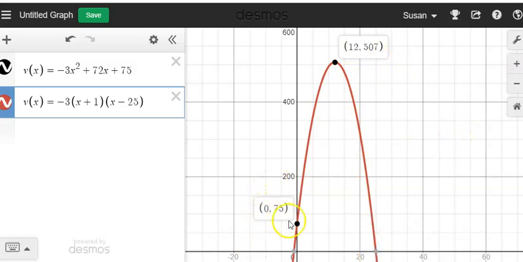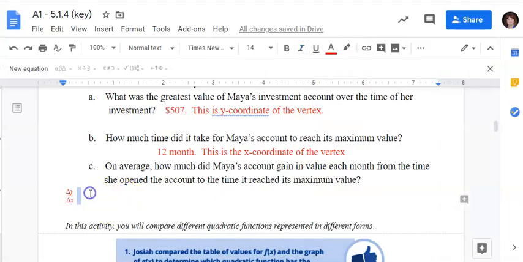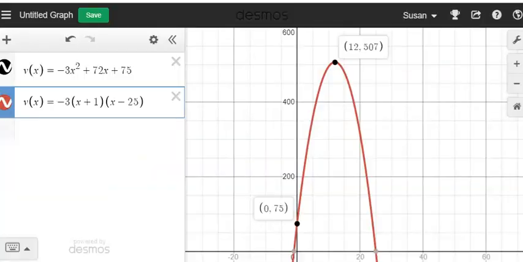So the change in y would be from 75 to 507. So I'm going to take and subtract those two numbers. So let's put new equation equals, and then we'll put a fraction in, just like before. And then we're going to put in change in y, so that will be 507 minus 75.